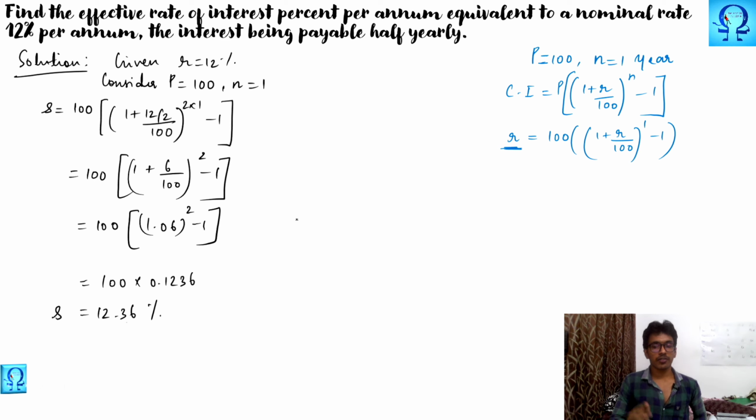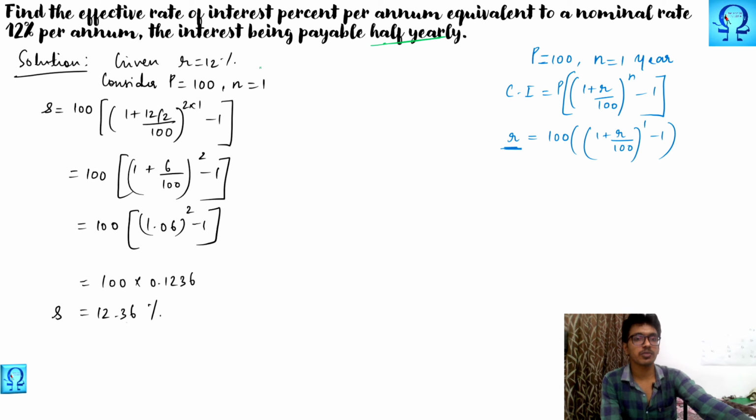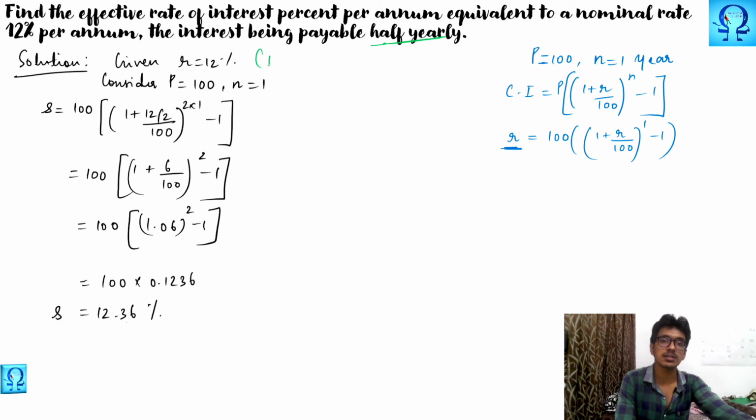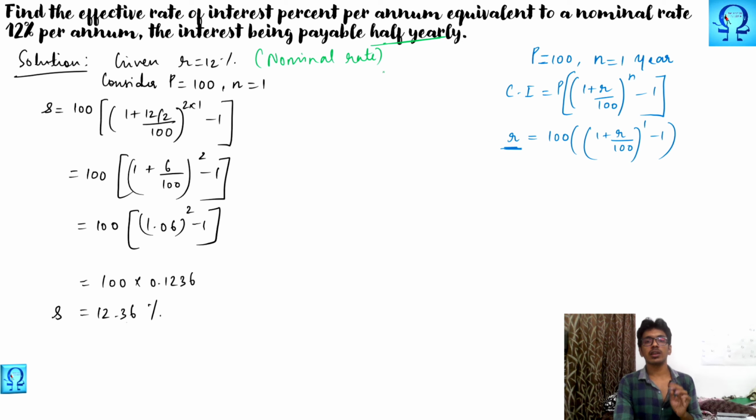Okay, here you might have got the idea of what we mean by effective rate and what we mean by nominal rate. In a problem, be it half yearly or quarterly whatsoever, they have specified 12%. This is the nominal rate. If it is calculated only on a yearly basis, you will get 12 here itself.